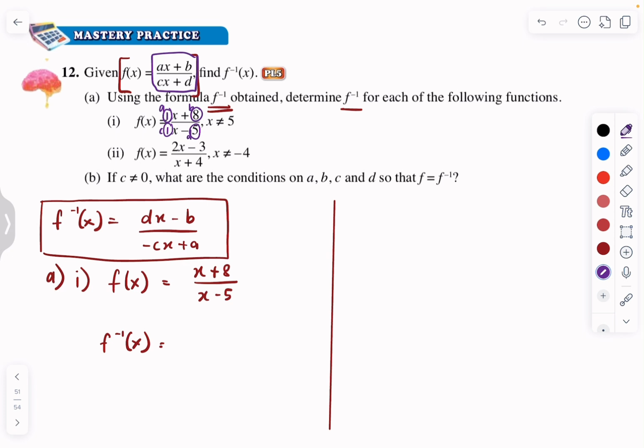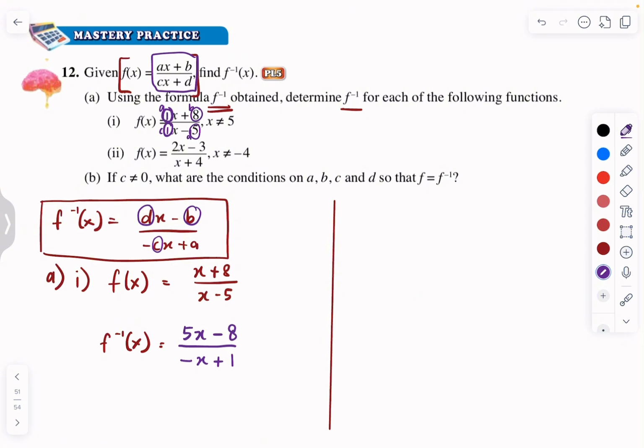When you inverse it, you can see it has been rearranged: d goes here, b goes here, a goes here, and c goes here. If you just place them in order, you get your answer. So our d is 5, so this one is 5x, b is 8, so you write 8 here, then c is 1, so negative x, plus a is 1 as well, so plus 1. This is our answer for 1.